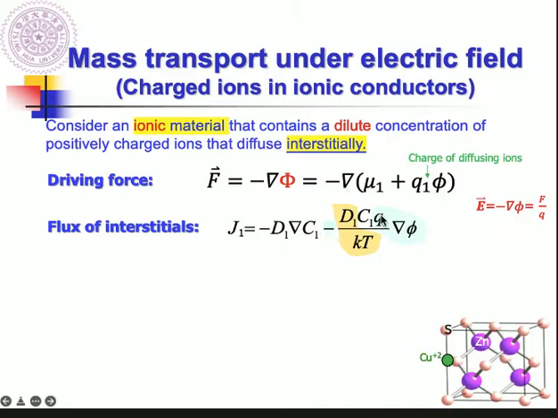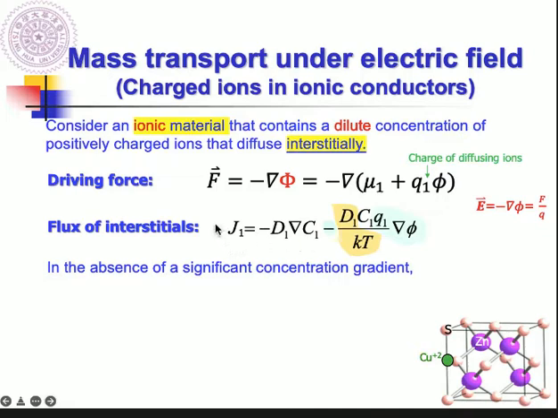So Q1 is the charge carried by this copper ion, and then the minus electrical potential gradient. If we assume within your material there's no significant concentration gradient of this positive copper ion, we can drop this term out.